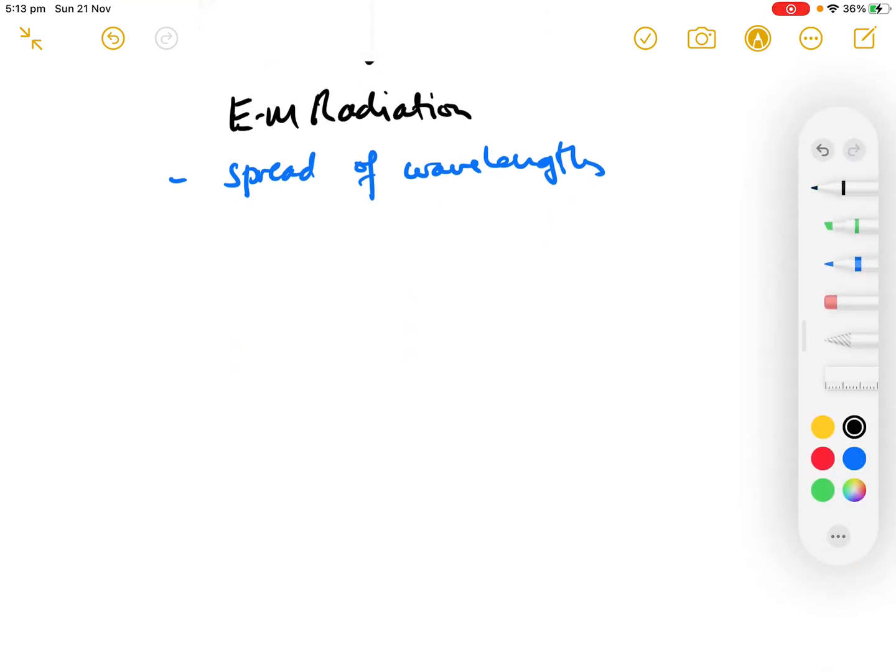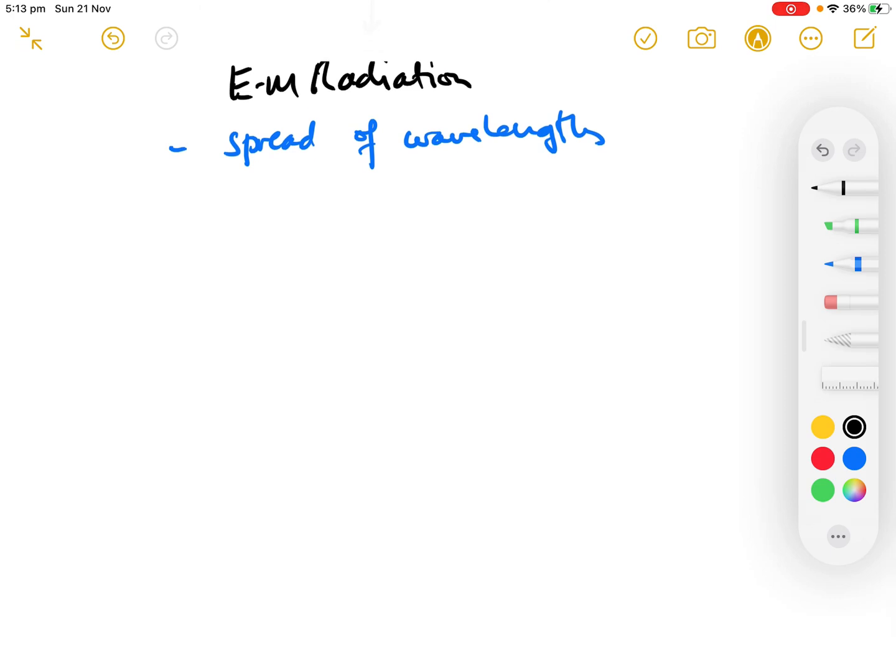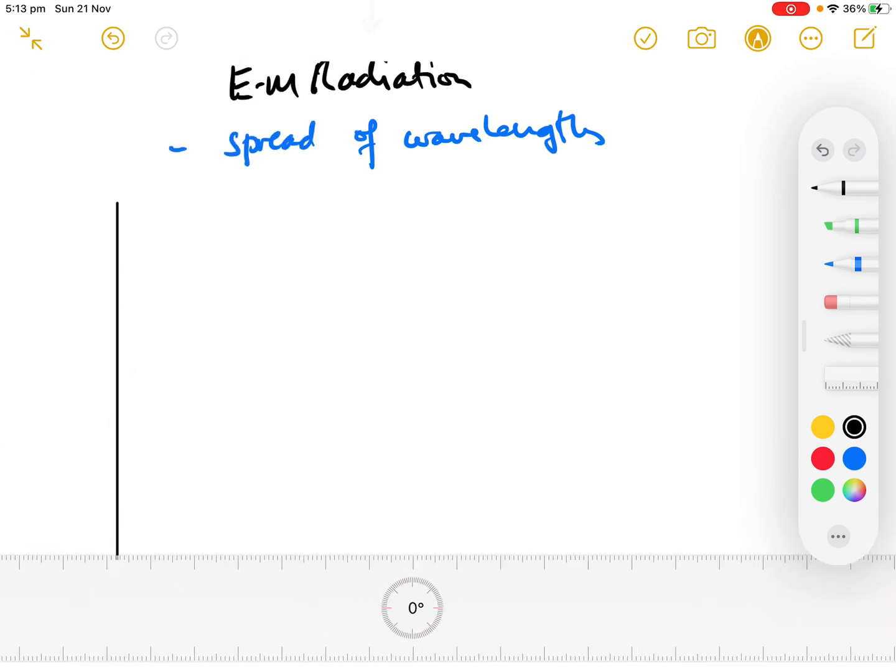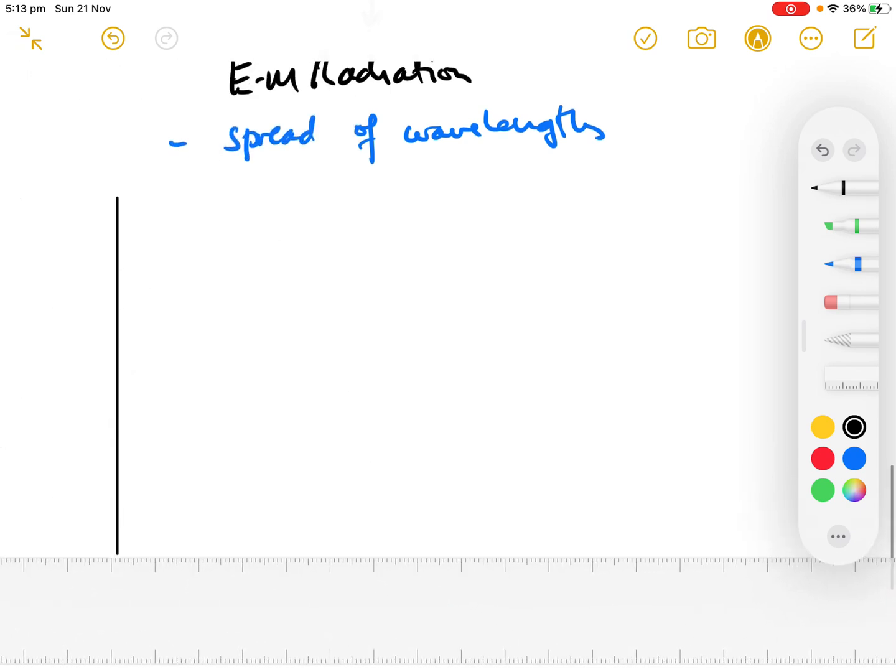It turns out that if we plot a graph of the sort of energy density, sort of energy given off per square meter per second effectively, against the wavelength, you see that you don't get the same amount of energy at all wavelengths.